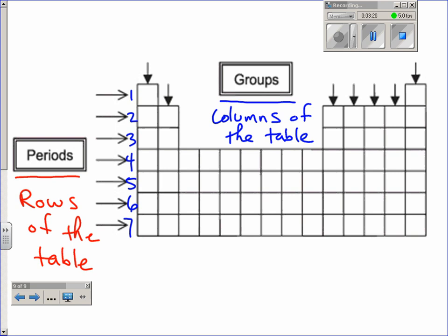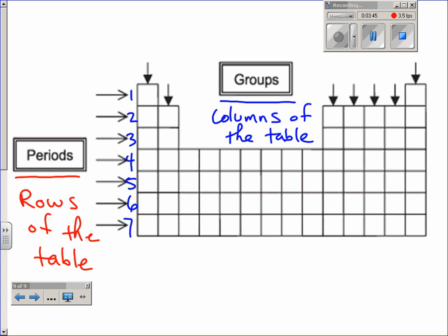I believe the one in your textbook is also listed as 1 through 18, whereas the one on the wall to your right has Roman numerals. So what do we use? I suppose numbers 1 through 18 would be a better way to describe groups, so that they each have a number.